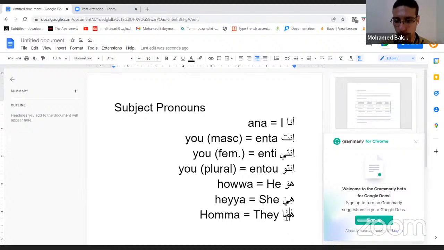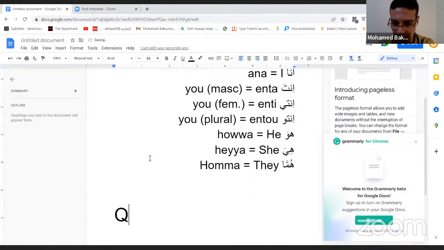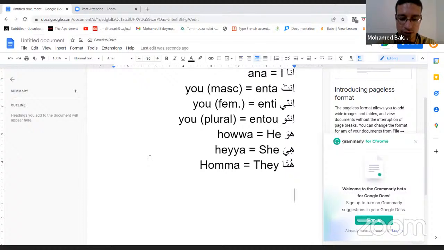Humma. And this small w, it means that the letter is doubled. So I will be writing here these short vowels in a large font. So this is fatha, which is above the letter. Let's write it on the letter, for example, mim. So it's ma.